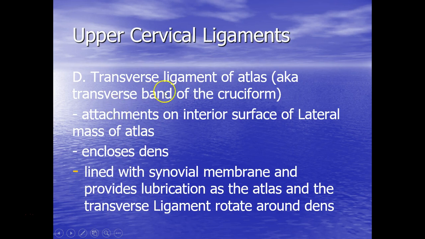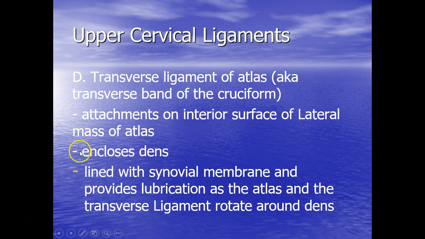So the transverse ligament, and again this is just the transverse band of the cruciform ligament that we looked at earlier, runs from the interior surface of the lateral mass on one side to the interior surface of lateral mass on the other side of atlas.